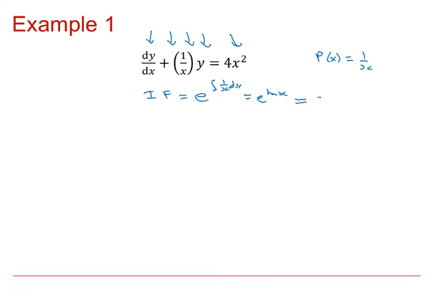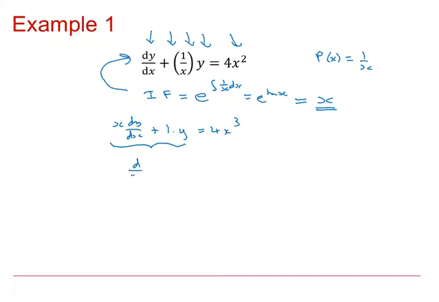e^(ln x) is x, so we're now going to multiply both sides of the original differential equation by x to get x dy/dx + 1 times y = 4x³. Now we can see again that that is the perfect derivative of a product.